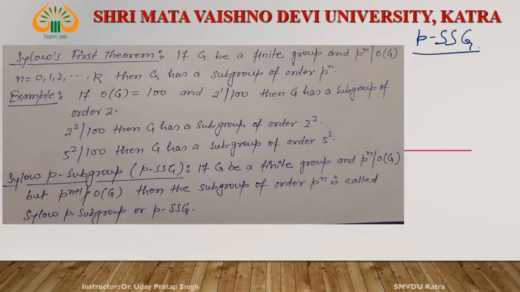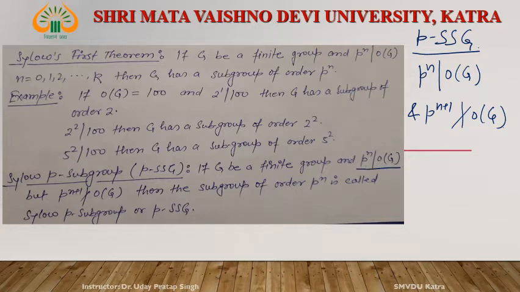If G is a finite group and p to the power n divides the order of G, and p to the power n plus 1 does not divide the order of G, then a subgroup of order p to the power n is called a p Sylow subgroup or PSSG.